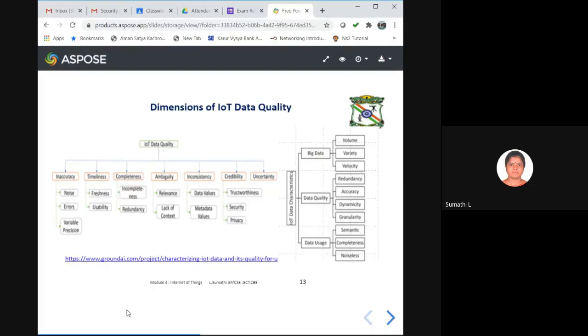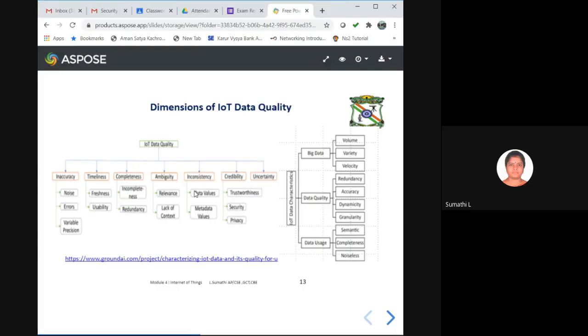So these are all the things that determine your data quality. Completeness: it is not always that you get the complete data. Sometimes it may be incomplete, or sometimes you may have redundant data. Ambiguity you can consider in two ways. The same temperature data can be used for two different purposes, and in other words, if I have multiple sensors, they may send data with minor variations between them.